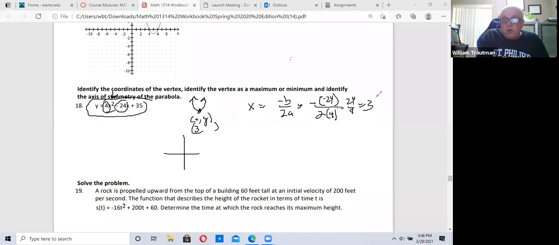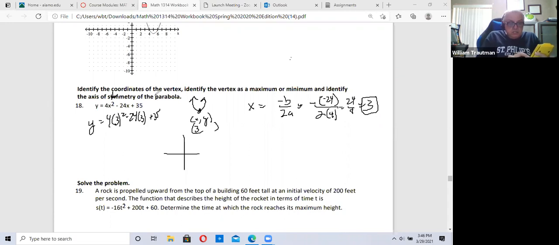The y coordinate is you take your 3 and plug it back into the original equation. This is 36 minus 72 is a negative 36 plus 25 is a negative 1. So y equals negative 1.